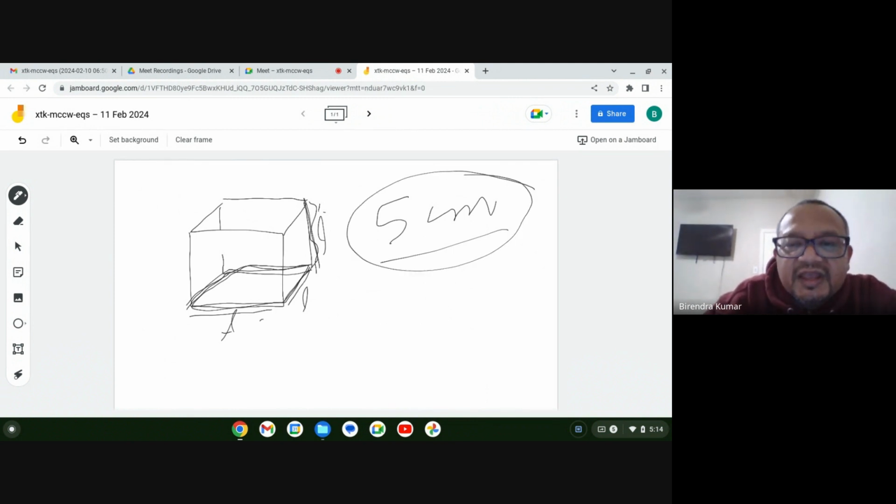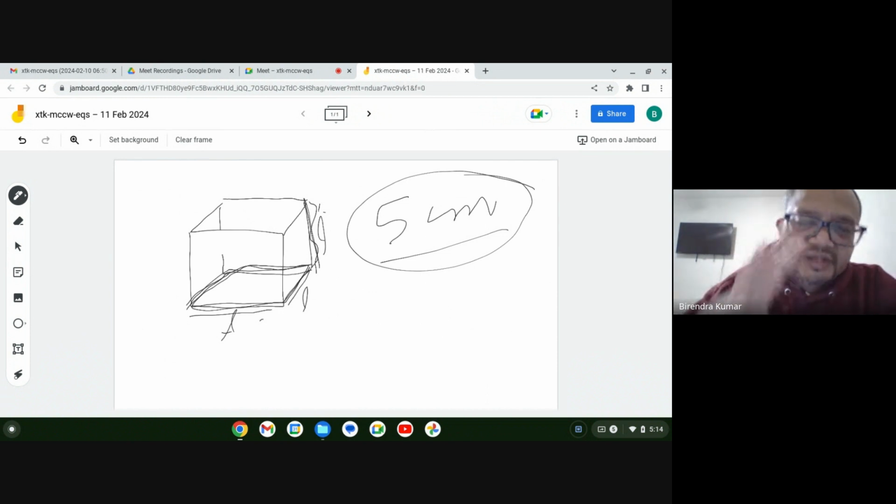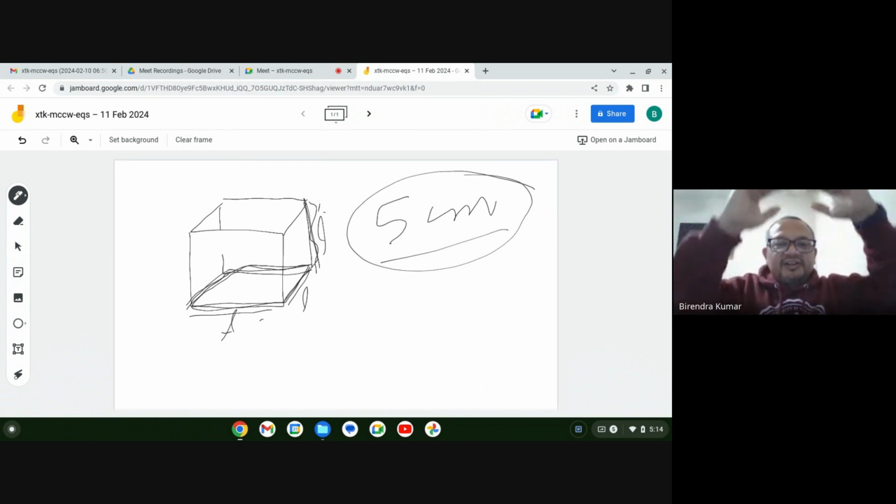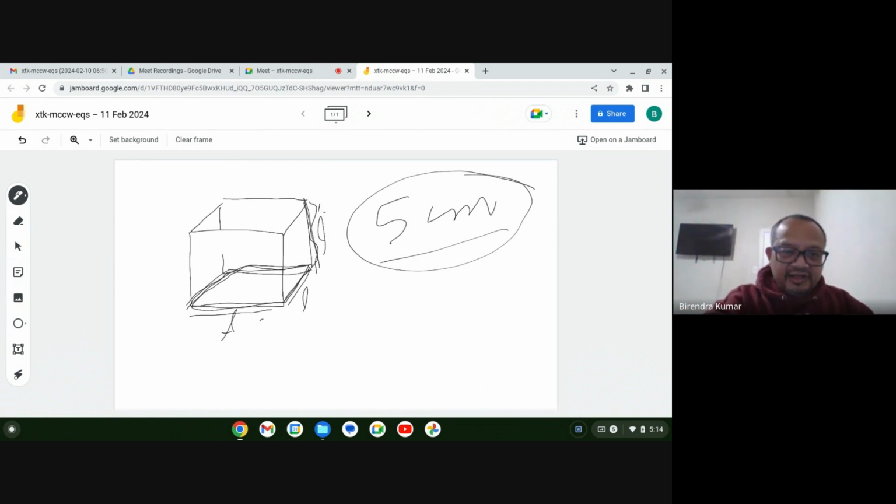Cube means all the dimensions are the same. It's a square extended in the vertical direction, only extended by the same side length. Here length, width, and height are all the same. That is why it is called a cube.